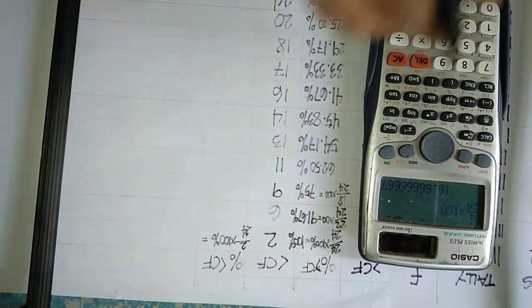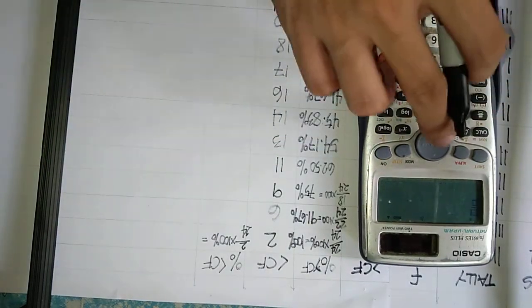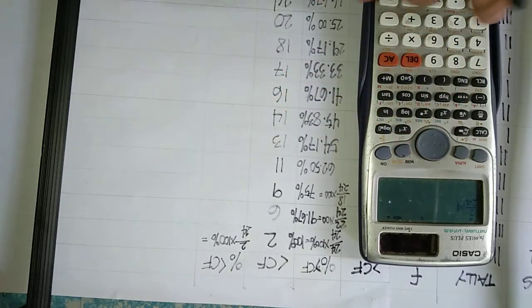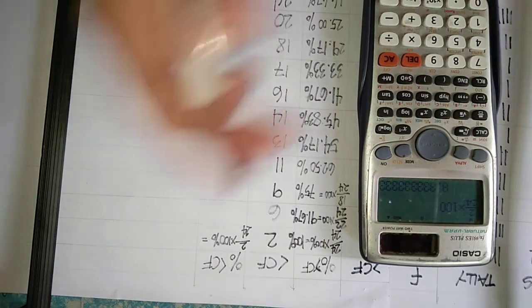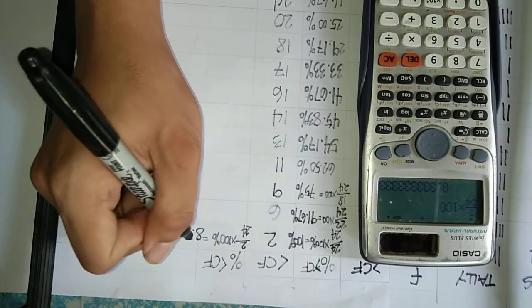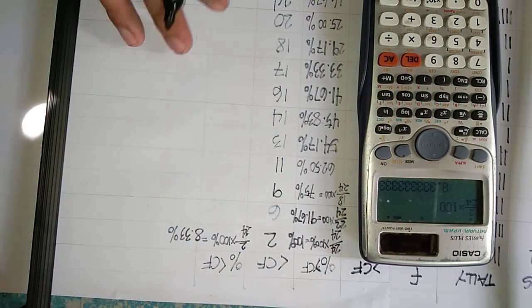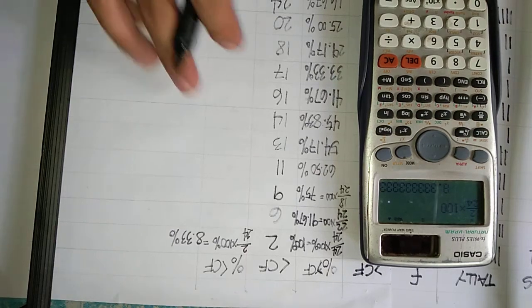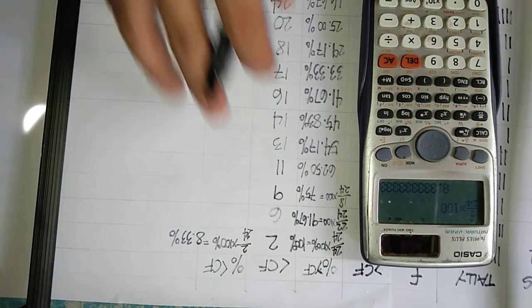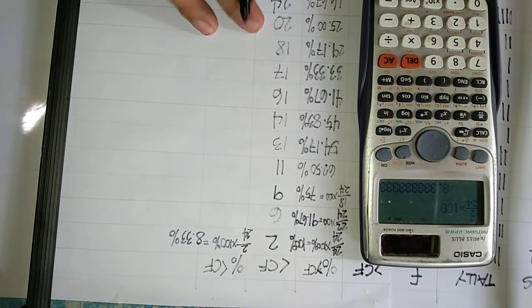And that is equal to 2 divide 24 times 100, we have 8.33%. So, same process yung gagawin natin until makuha natin yung total number at lahat ng numbers na ating cumulative frequency.